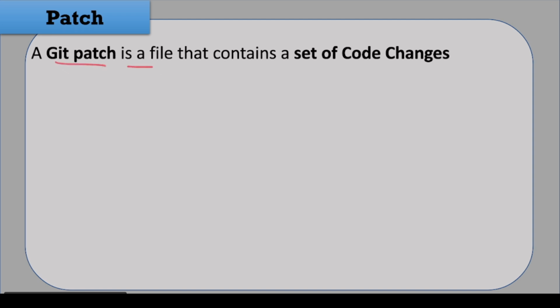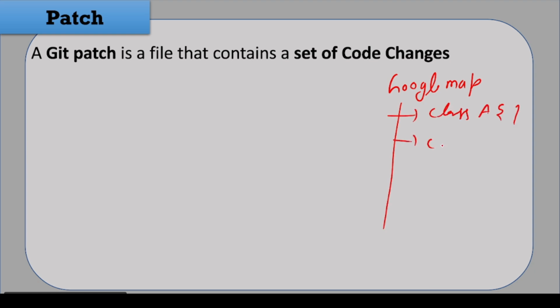What is a patch? A Git patch is a file that contains a set of code changes. For example, you have implemented one feature related to Google Map, and here you may have written multiple classes, class A, class B, and so on.